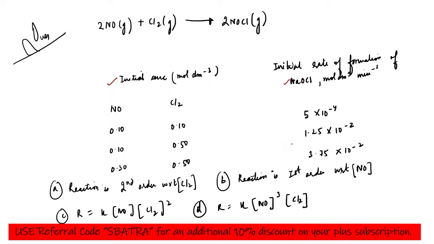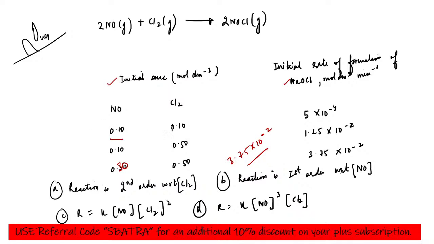Third value is 3.75 into 10 to the power minus 2. This is your third value, okay? It's 3.75. And this is 0.30. Let me just read all the options.